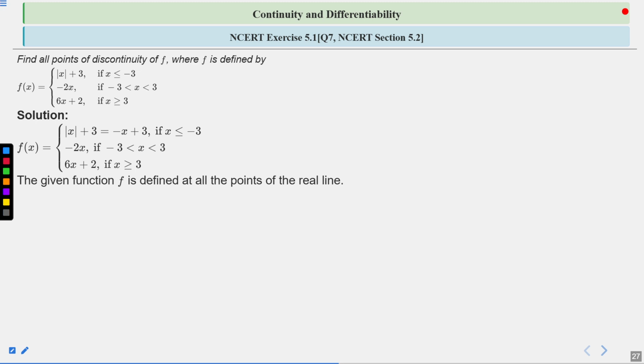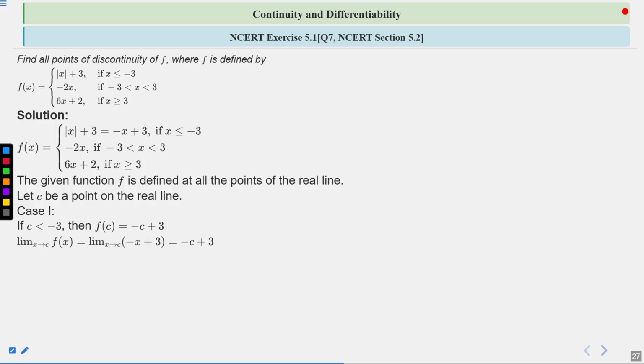The given function f is defined at all the points of the real line. Let c be a point on the real line. Let us take case 1: if c is less than negative 3, then f(c) is basically negative c plus 3.